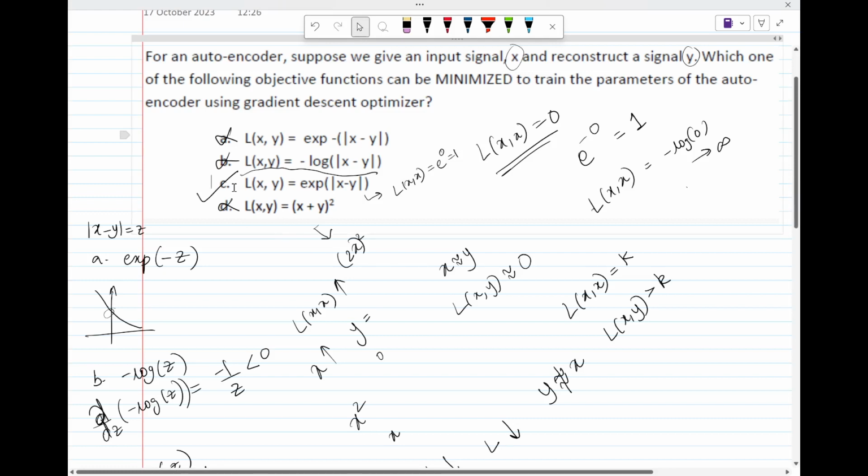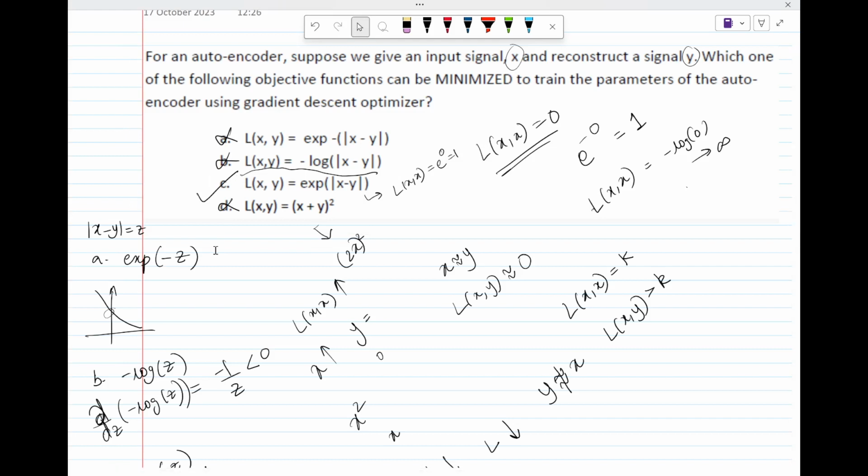So what we had to check was, when the distance between my input signal and the reconstructed signal is increasing, my loss function should also increase. And when it is decreasing, loss function should decrease.